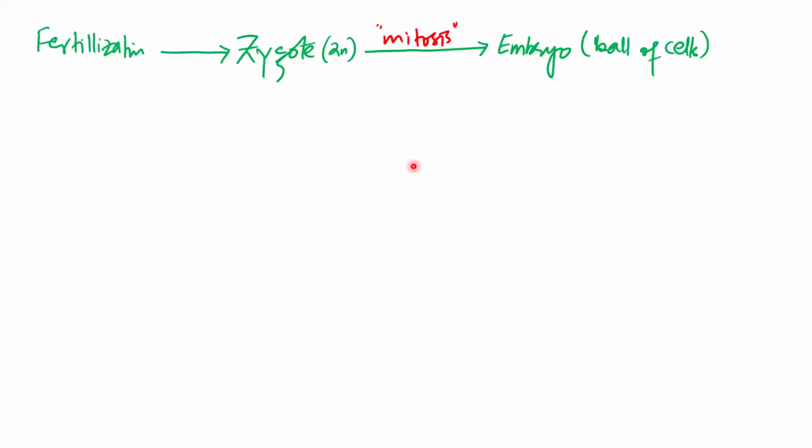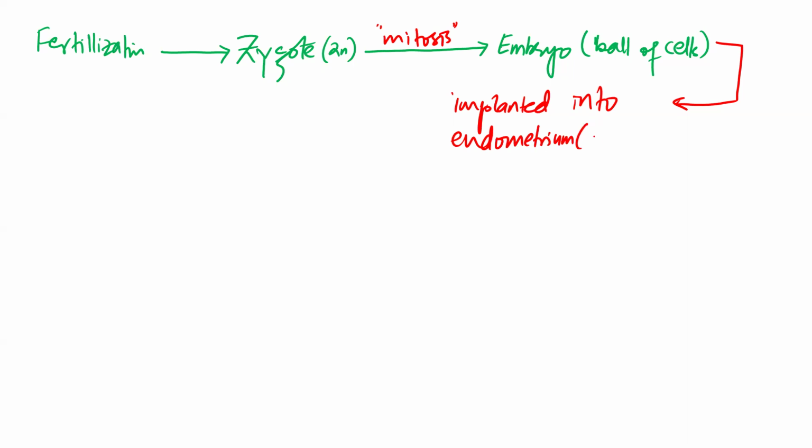Excellent. So this ball of cells goes down and gets implanted into what we call the endometrium. And the other name for endometrium is what? Uterus lining. Very good.